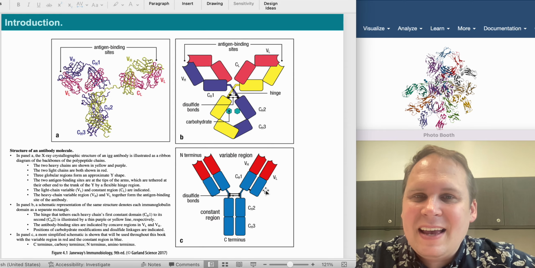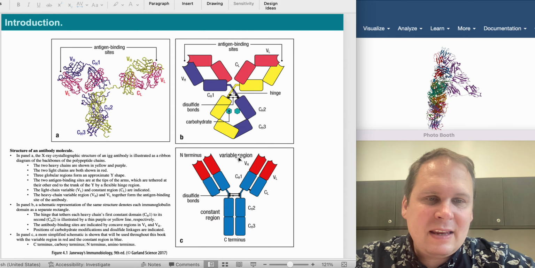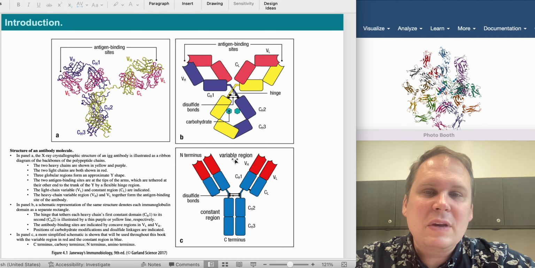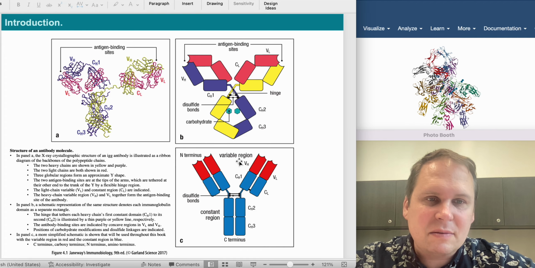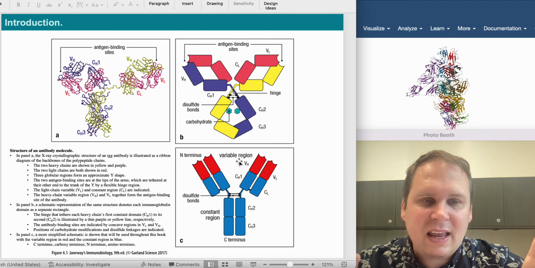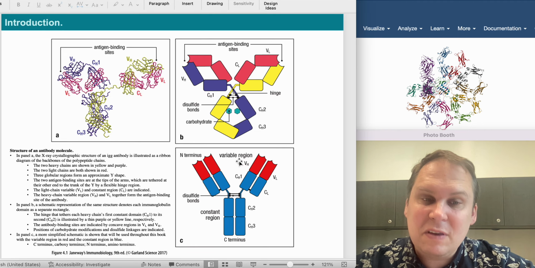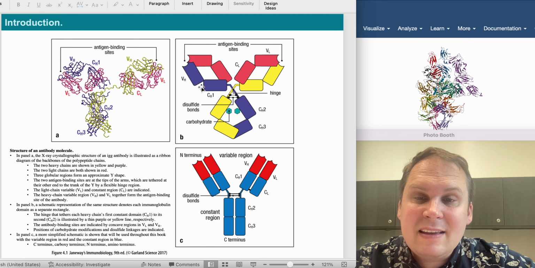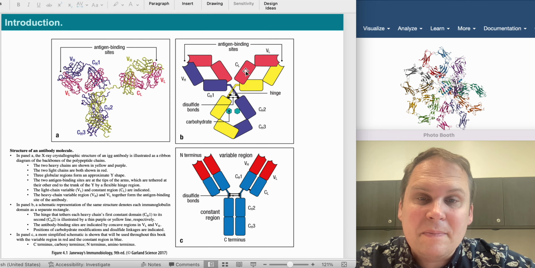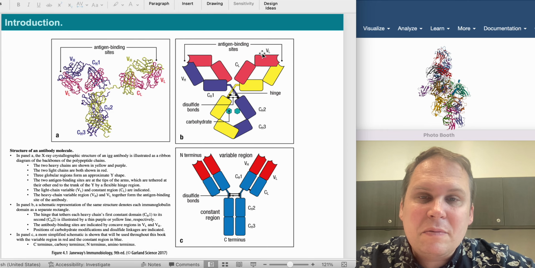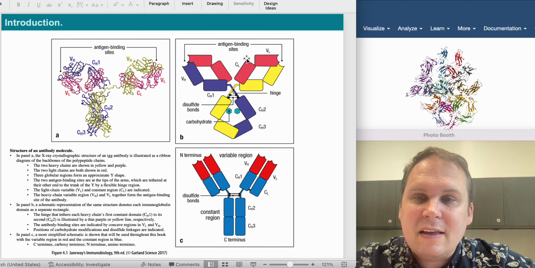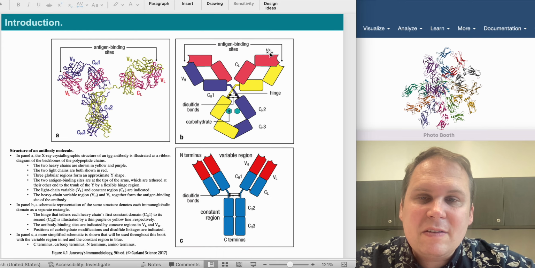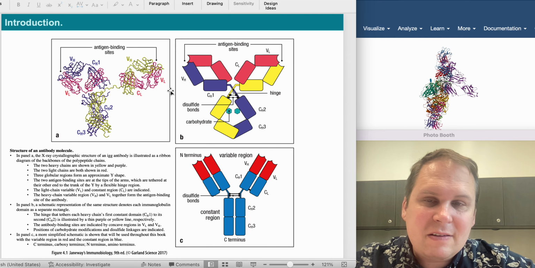In the heavy chain and in the light chain, there is a constant region, which basically doesn't change, or the changes are very few and very minor. It's basically everything except the top little bits here. The variable region of the light chain is this little VL, and the VH is the variable region of the heavy chain.